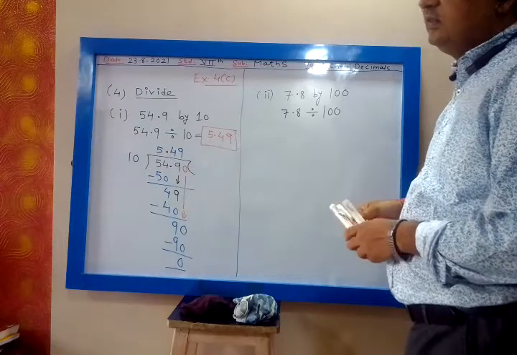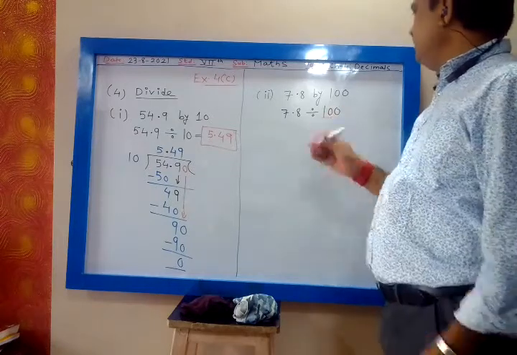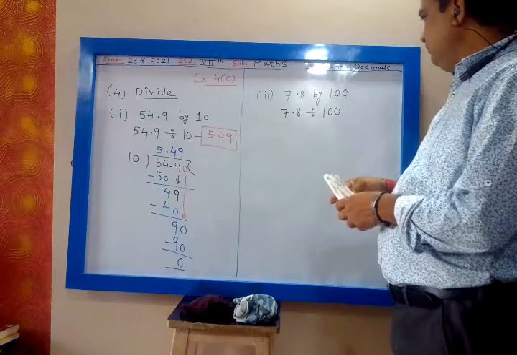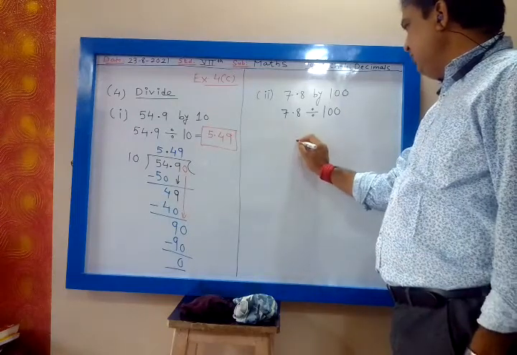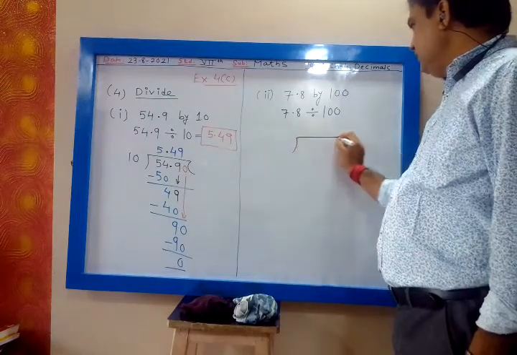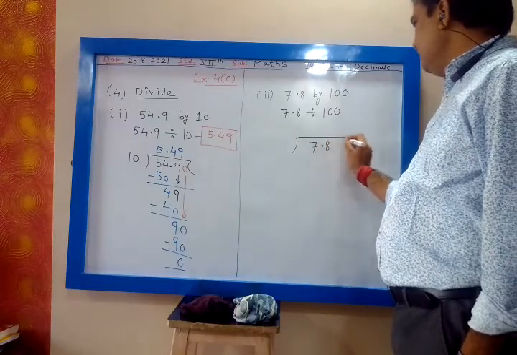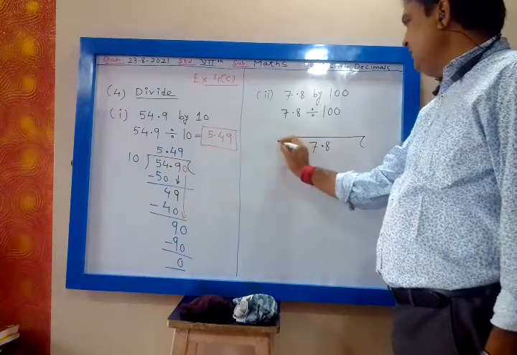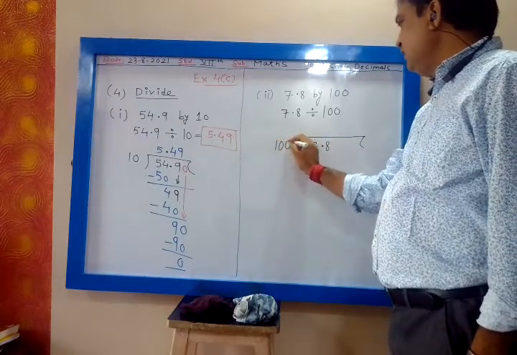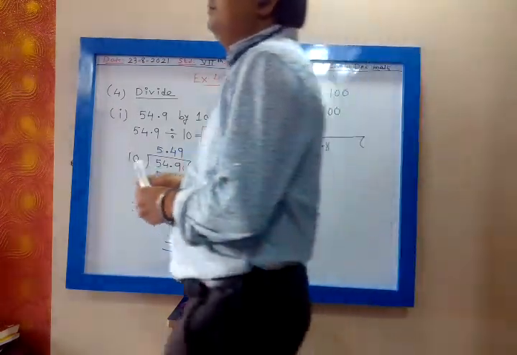Yes. So let us see what it comes. Okay. This is 7.8. This is 100. Now before decimal what is there?